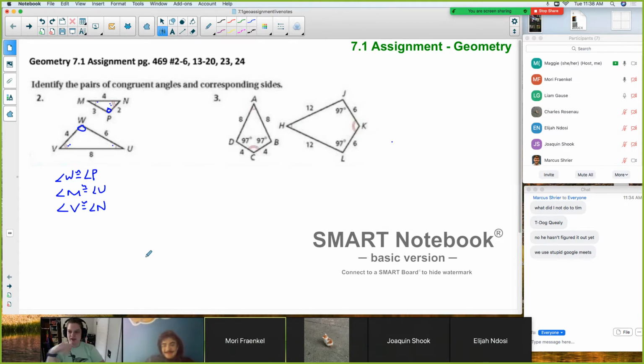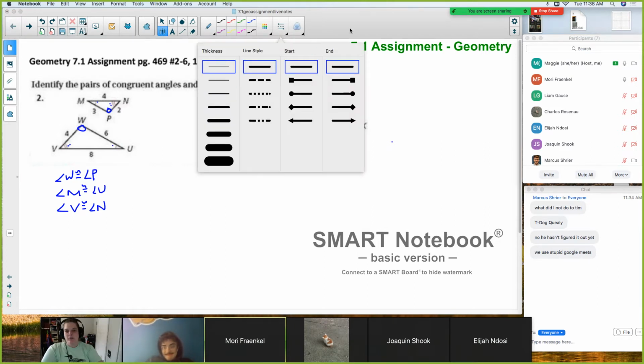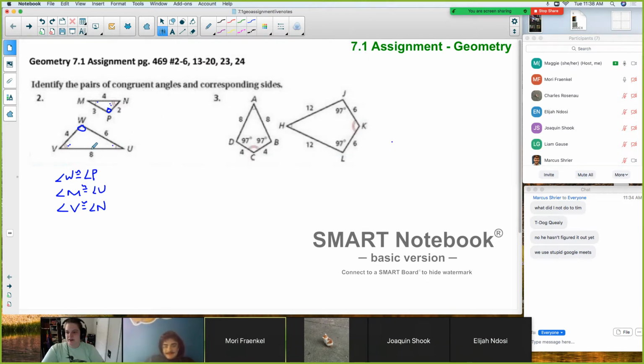Okay, so those are the angles. And now we're going to do corresponding sides. Corresponding sides do have to be surrounded by the same angles to match up the sides. So for instance, from angle 1 to 2, that side is going to have to match up. So angle with 1 tick mark to 2 tick marks, meaning MN, is going to have to be in proportion with VU or UV.